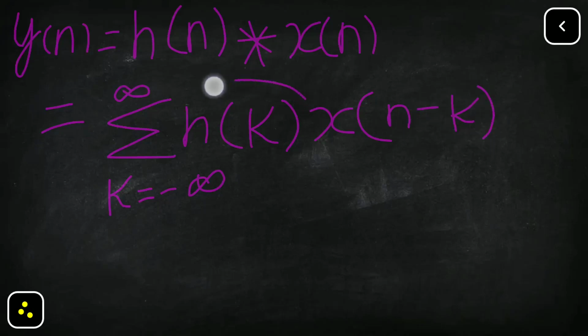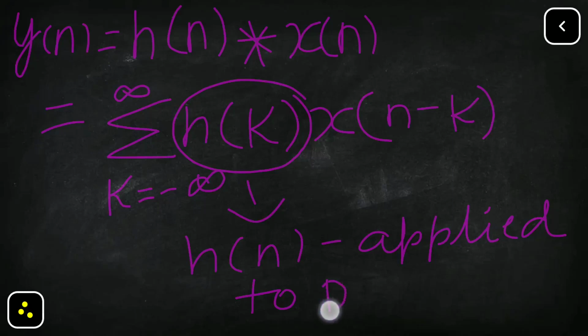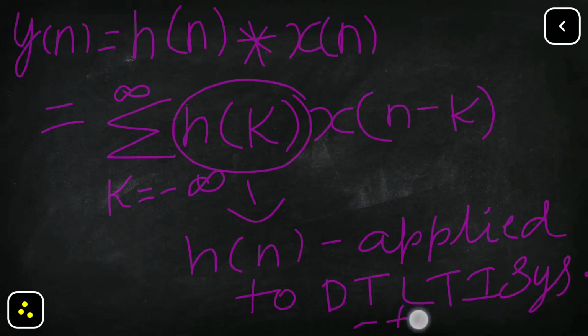So what is this h of k first? This h of k is what you get when h of n is applied to the discrete time LTI system, right? So you can say that you get it as h of k.